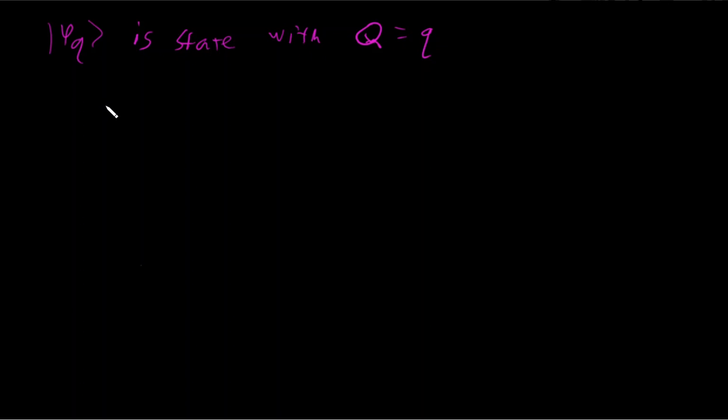So now I'm going to define some operator q hat. Q hat acting on this state, phi sub q. And I'm just going to note here, phi q is a state with a definite value of the observable q, right?